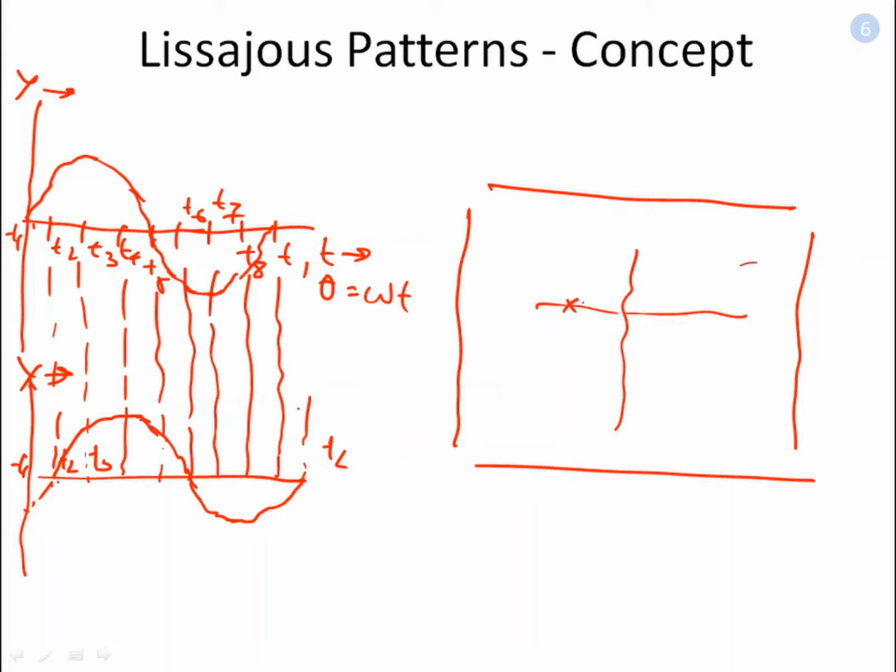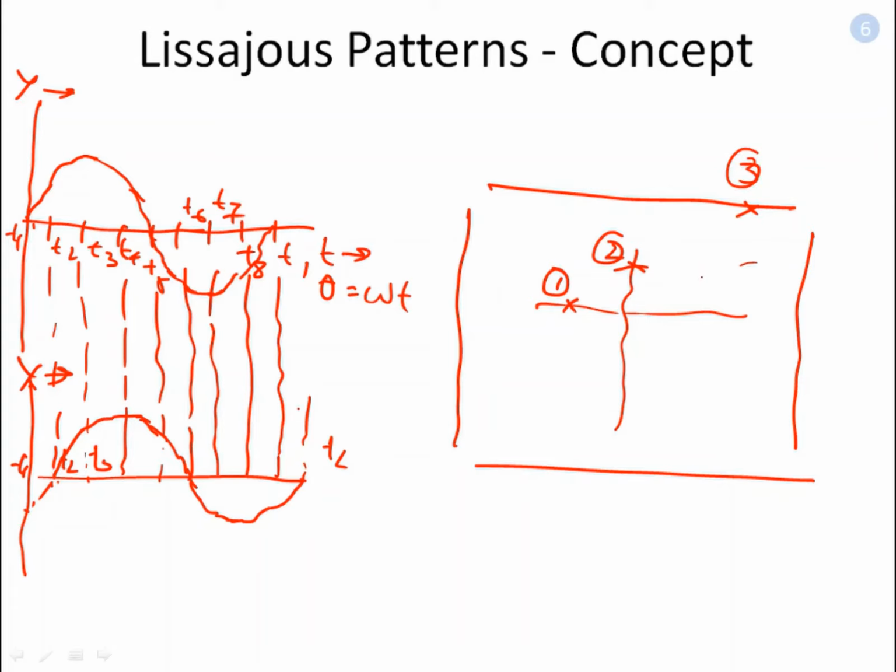Then at T3, so T2 is the origin for the signal across x, but for y it is already positive like this. So T1, T2, then at T3 we see that the y signal is maximum, but x is still not maximum, so this is point 3.